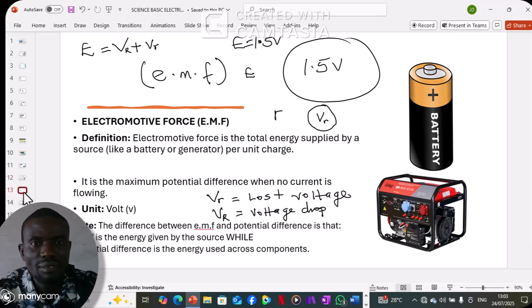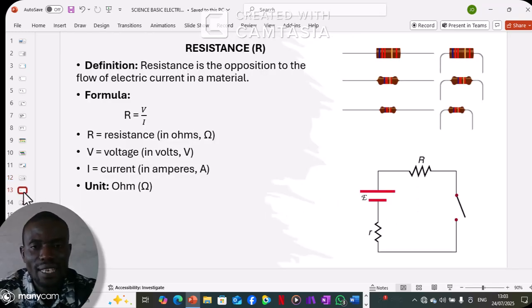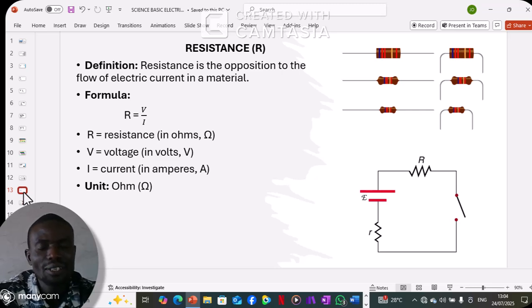Now let's look at another important quantity in electricity. That is resistance. From the word resist, it means oppose. When something wants to move and you are preventing the flow, you are resisting it.